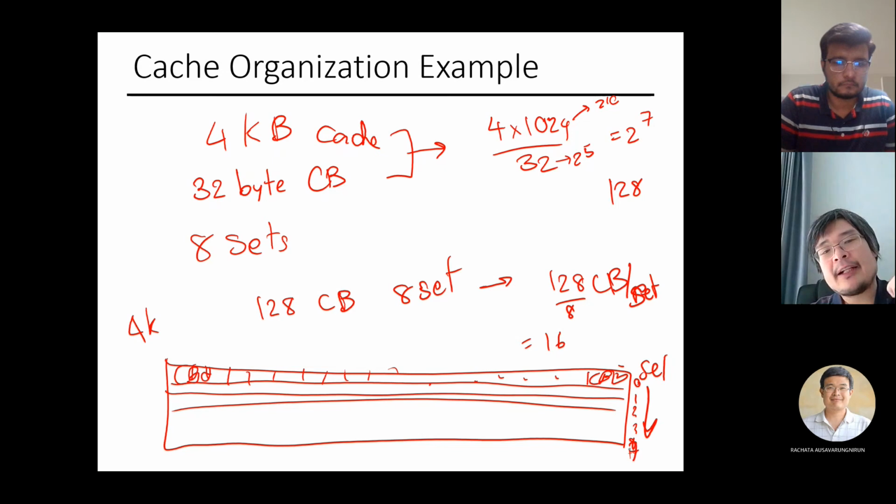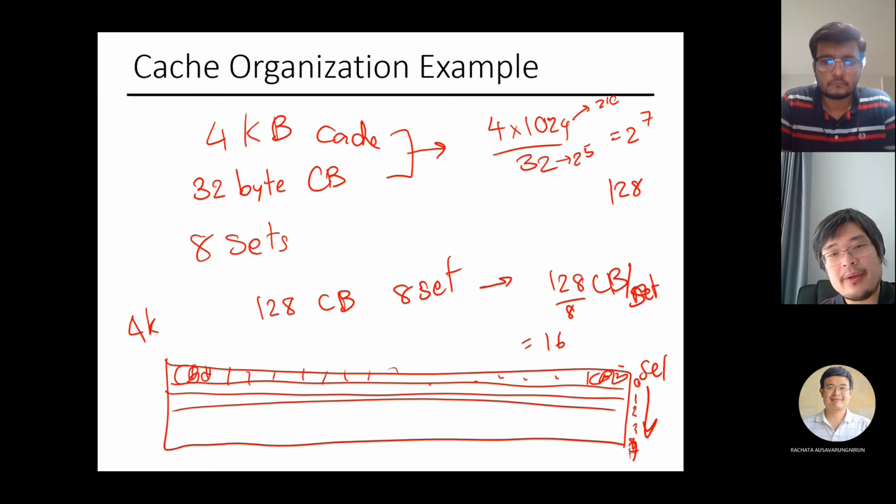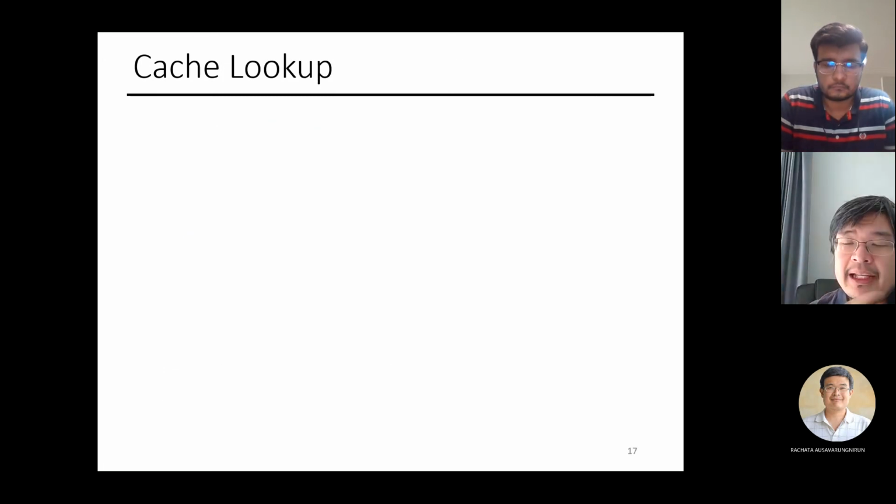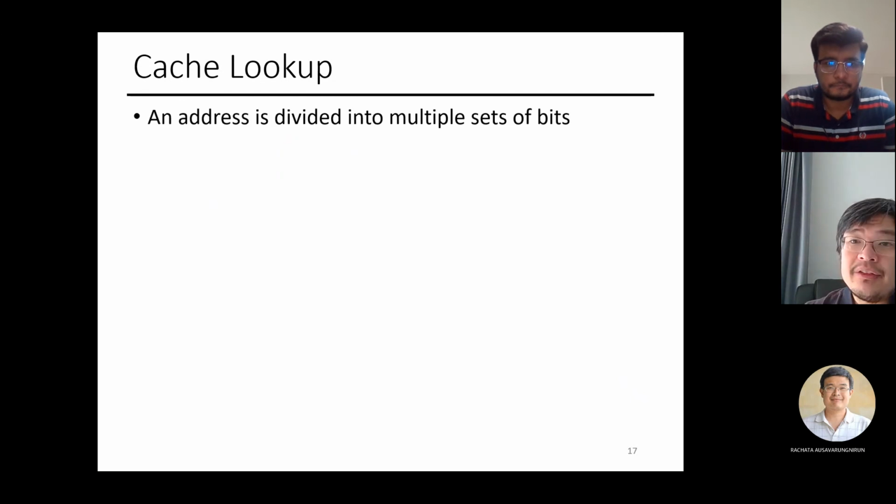And when you see the address, you will be able to search from the address. You know the set ID. So you know, hey, it's in set number 2, and then you search, is my cache block there? That process is called a cache lookup. So an address is divided into multiple sets of bits.